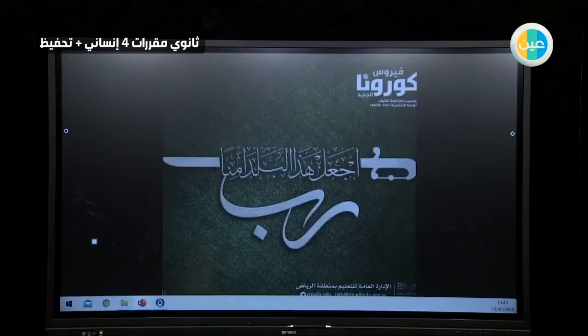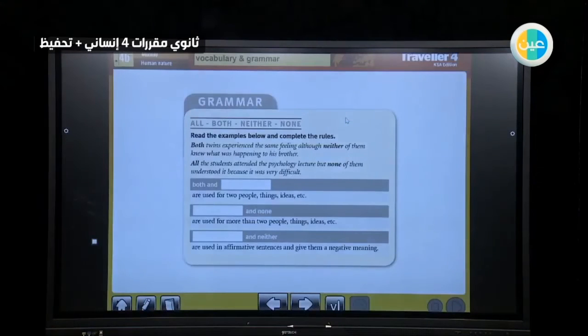Okay, let's go back to our grammar here. All, both, neither, none. Read the examples below and complete the rules.